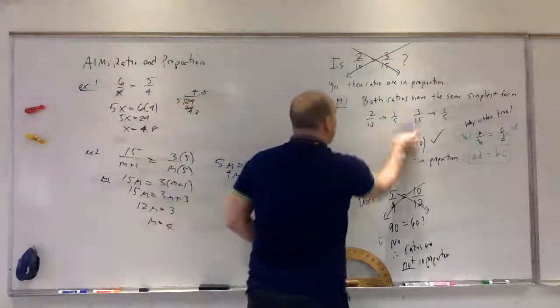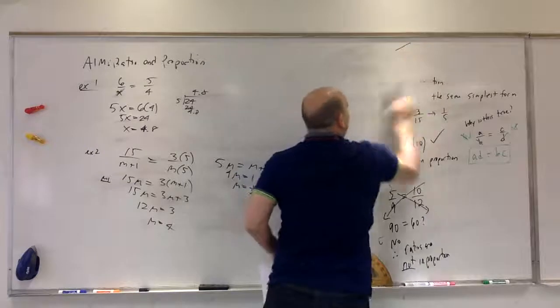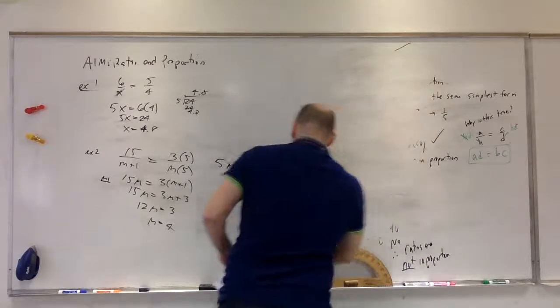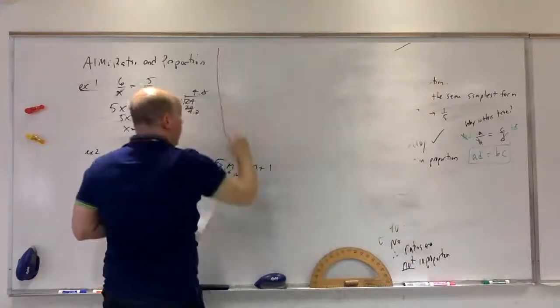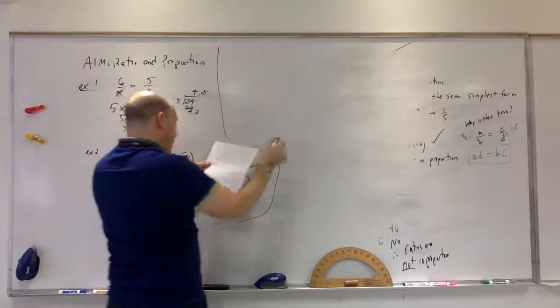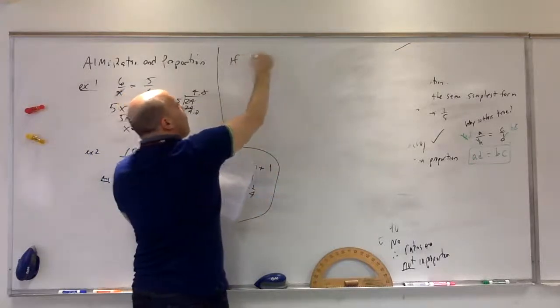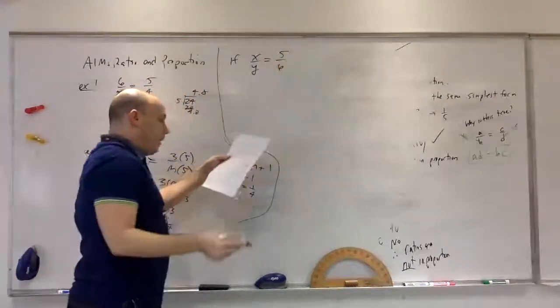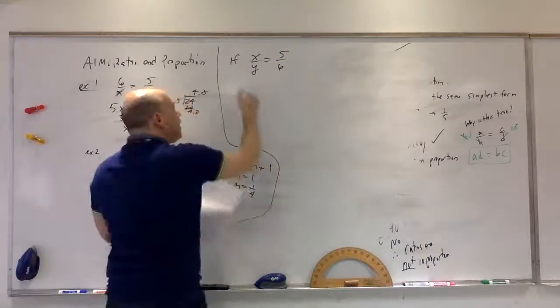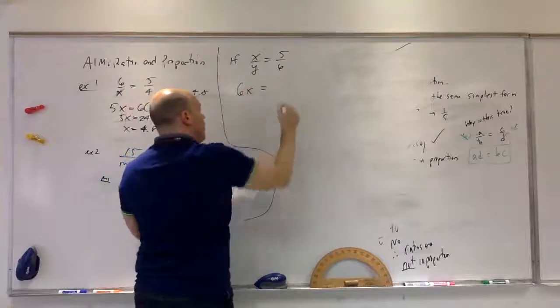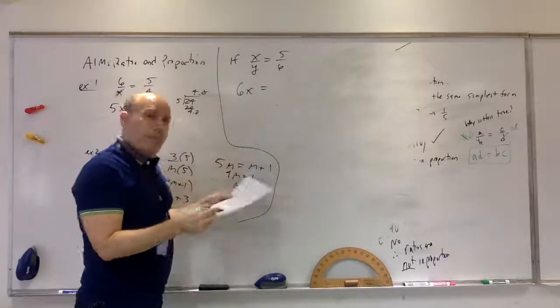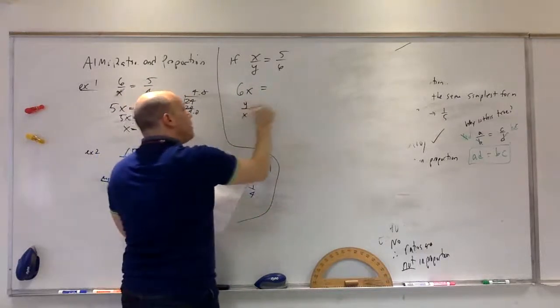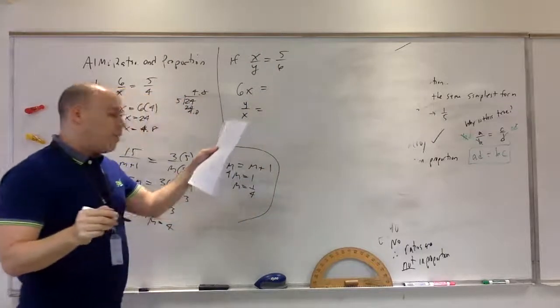Let's do some fun stuff right now. Ready? I want you to figure this out. I'm going to write some things on the board. Once again, I'm pretending this is a class and I'm in front of you. I'm telling you that if x over y is equal to 5 over 6, I want you to tell me what 6x is equal to. I'd like you to think about what y over x is equal to.